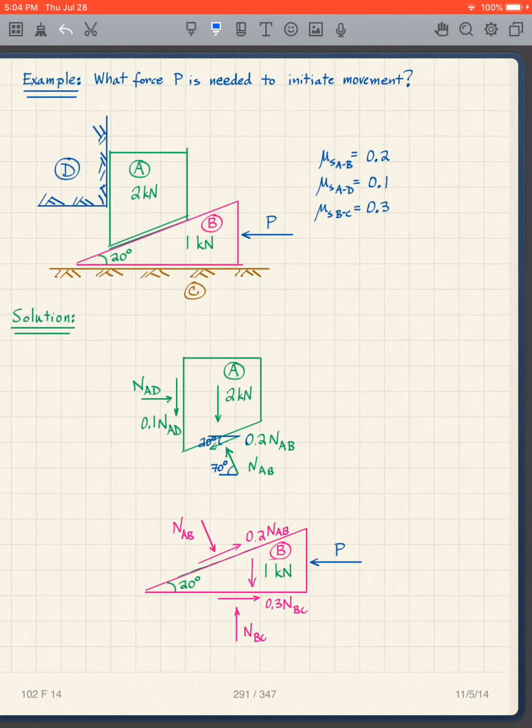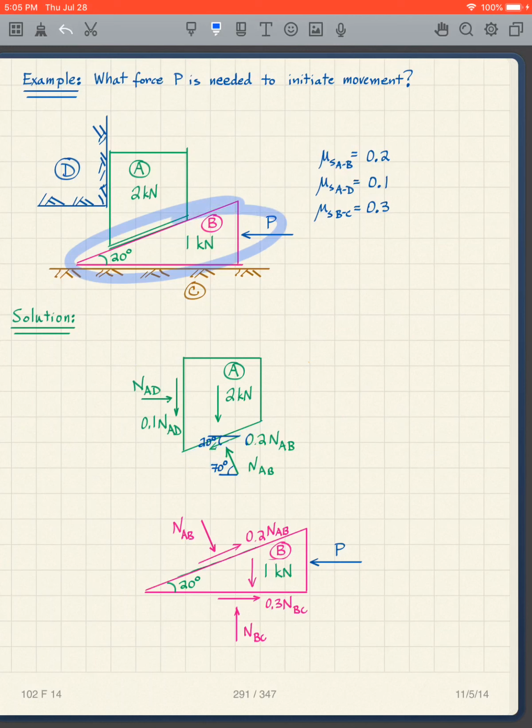Notice that in a sense, this is moving up the ramp, which means that the friction is going the opposite direction of that. So that's the way you have to think about it. So the friction is going in this direction. In this particular case, I got to get those directions correct.